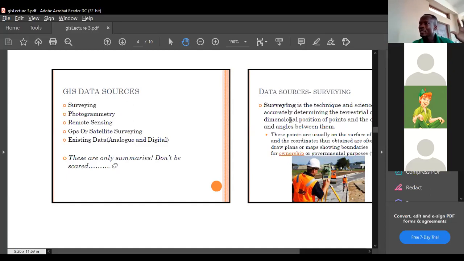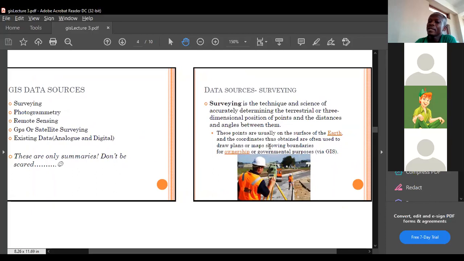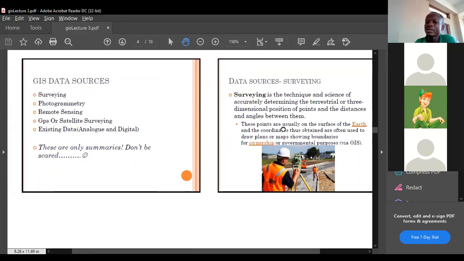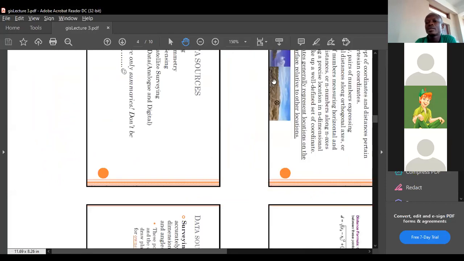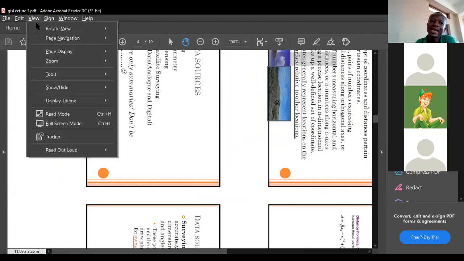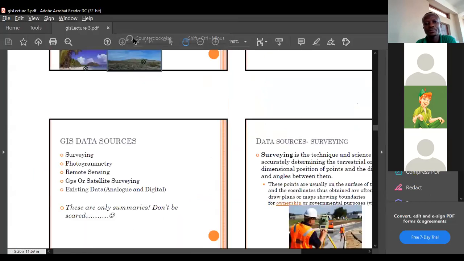Then you can now join them up and get a 4th one. So that is what surveyors do. They simply measure using equipment that allow them to obtain coordinates. Are you okay? And these coordinates can be 3-dimensional. In that case, you have X, Y, and then what? You said, are you okay?